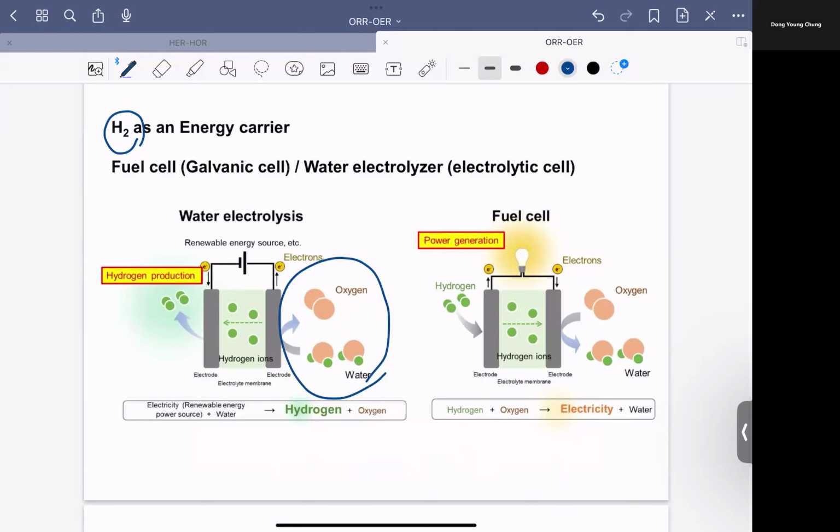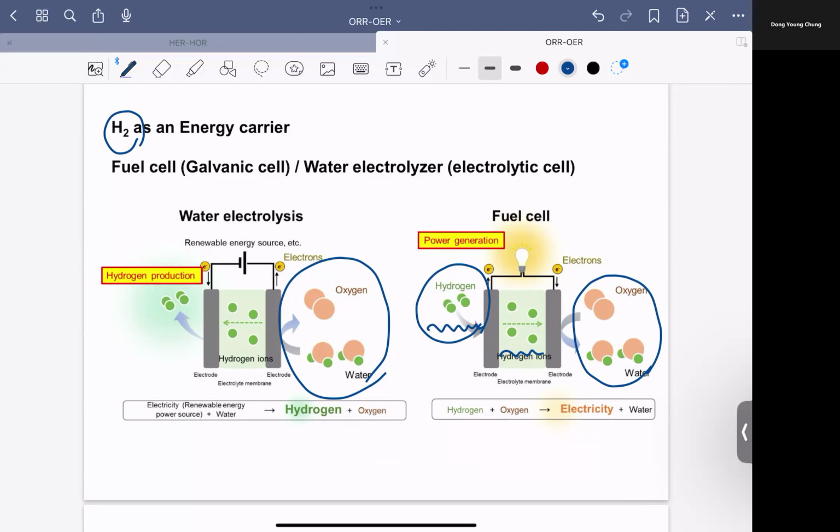Now, when you generate electricity from hydrogen, you would like to utilize the hydrogen as a fuel, right? So you oxidize the hydrogen to produce protons. There must be a reduction reaction as well, and we utilize oxygen reduction as the counterpart, with the protons generated by the hydrogen oxidation reaction.